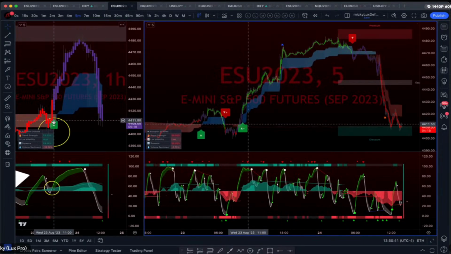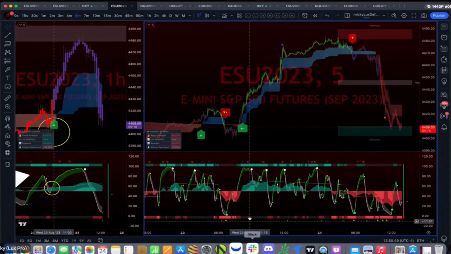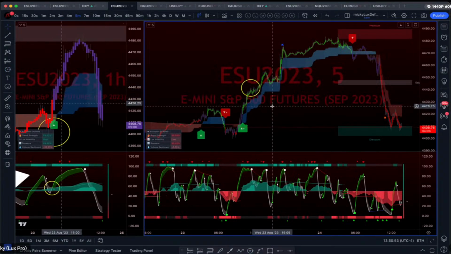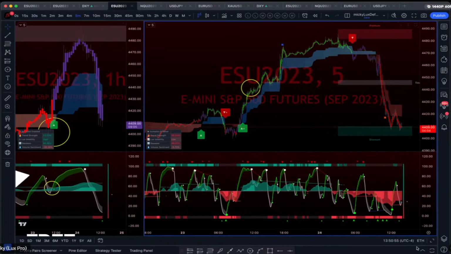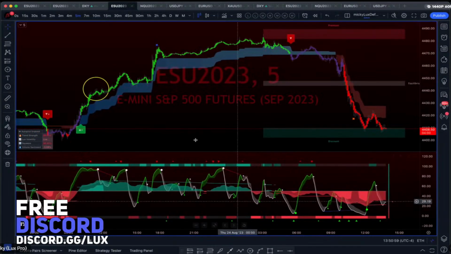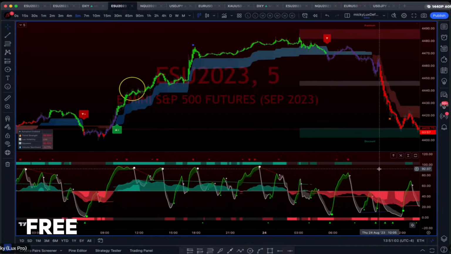All right, here it is. I have my crosshair in unison. There we go. We are right there. All right, let me draw the circle. Right there. Let me enlarge this chart. There you go. There was your play.